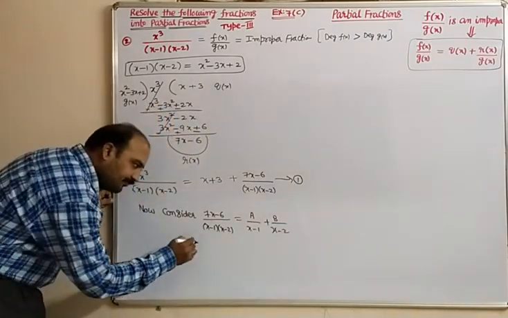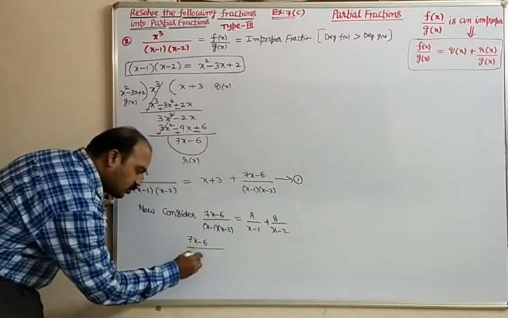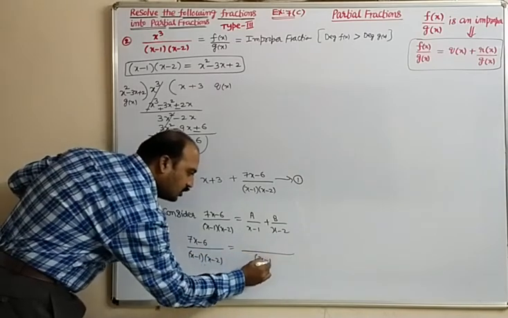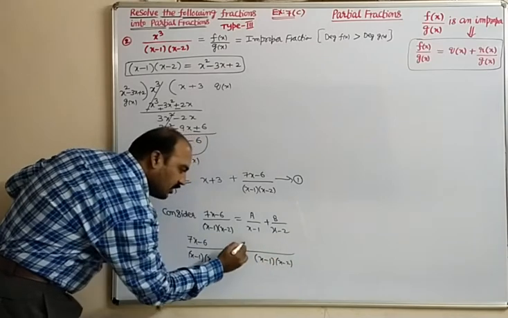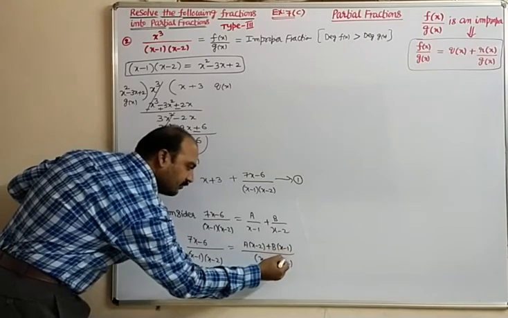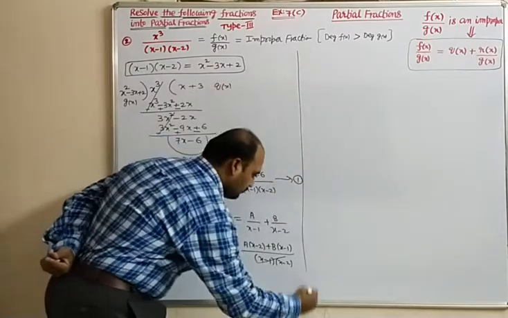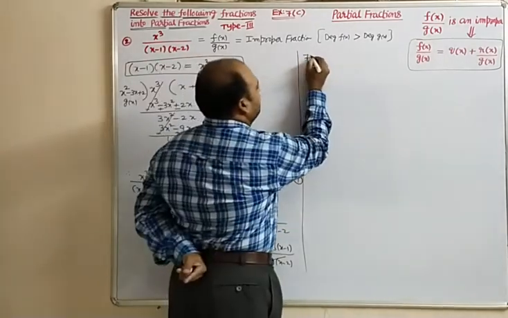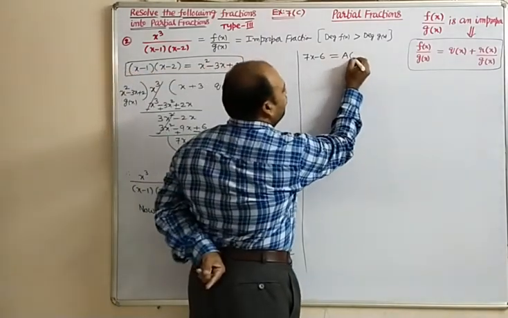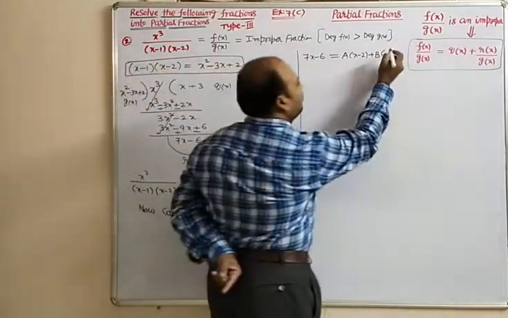As usual procedure, (7x minus 6) divided by (x minus 1) into (x minus 2) is equal to, over (x minus 1) into (x minus 2), A into (x minus 2) plus B into (x minus 1). After that, we will get 7x minus 6 is equal to A into (x minus 2) plus B into (x minus 1).